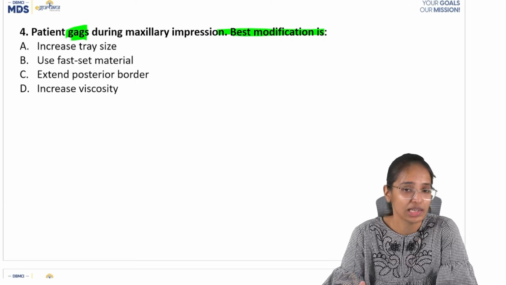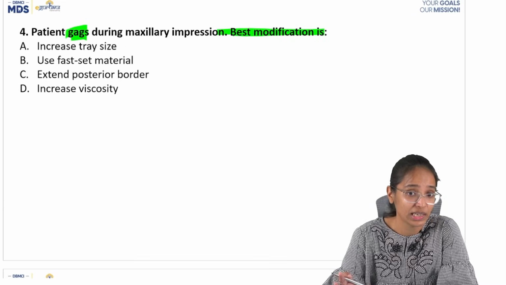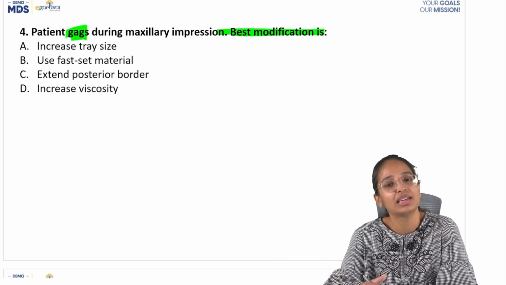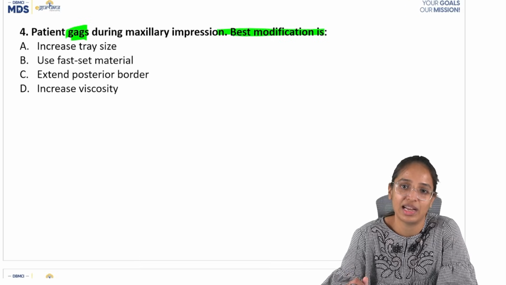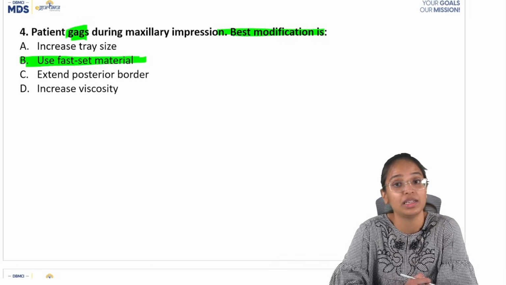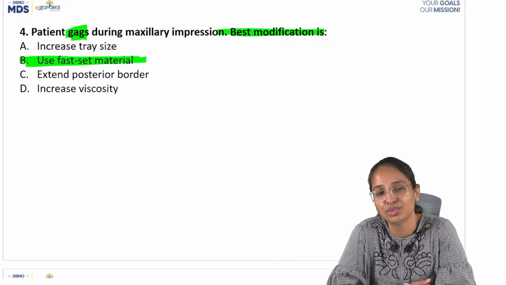Increase in the tray size, it will lead to further gagging. Using a fast set material, yes, we can do that. Extend the posterior border, again, it will lead to more gagging. Increase the viscosity. Now, when we increase the viscosity, chances are that registration may not be that accurate. So the most accurate answer over here is to use a fast set material. And this is actually a clinically used method.